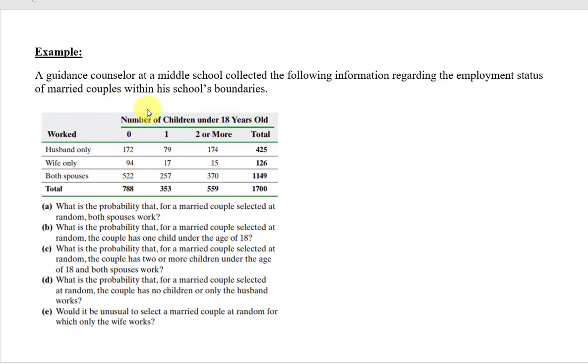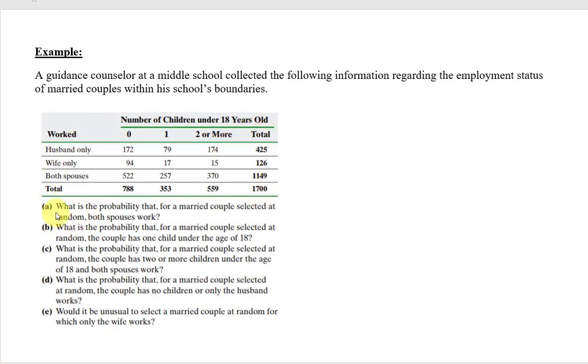For this right area, we have the number of children under 18 years old. 0 means they don't have children, then 1, or 2 or more, and the last row represents the total of everything.